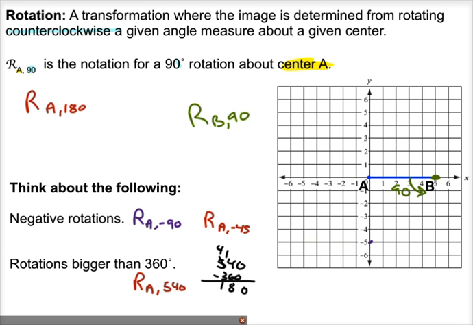Where would A end up? Well, A gets rotated that way, and it would end up being 5 units below where B is. So when you get these problems, check two really important things. Where's the center, and then how much of a rotation are you going to do?